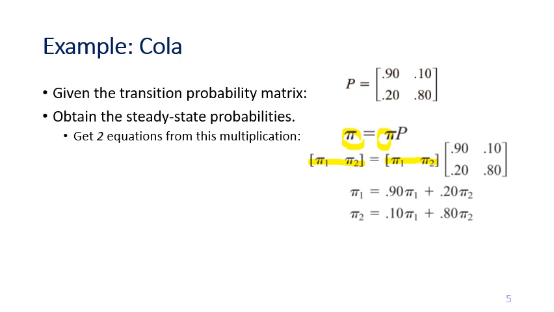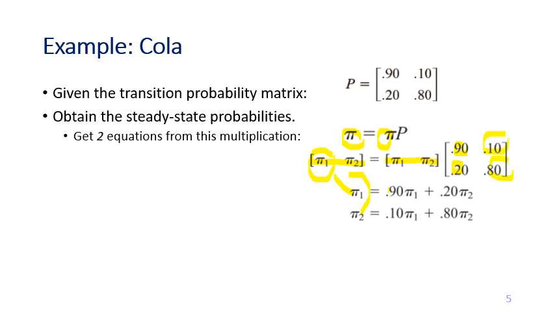So again, here pi represents a row vector, pi_1, pi_2, and P is the transition probability matrix. And then you perform the matrix multiplication such that you will get these equations: pi_1 equals 0.9 times pi_1 plus 0.2 pi_2, and pi_2 equals 0.1 times pi_1 plus 0.8 times pi_2.